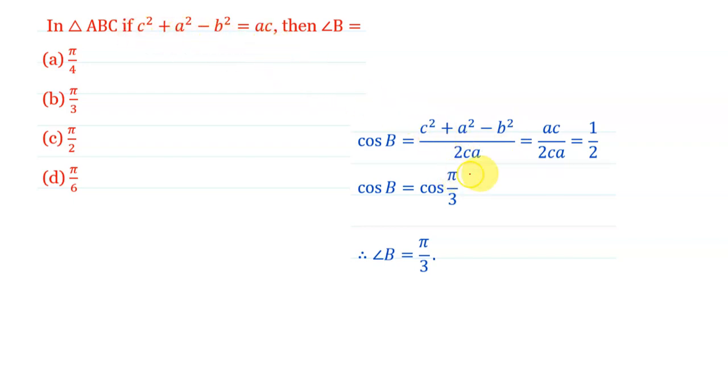It's AC. That is AC upon 2AC, and that's equal to 1 upon 2. Cos of B is equal to 1 upon 2. Therefore, B is nothing but pi by 3. Cos of which angle gives the value 1 upon 2? Cos 60 means pi by 3. And hence, angle B is equal to pi by 3. Therefore, option B is the correct one.